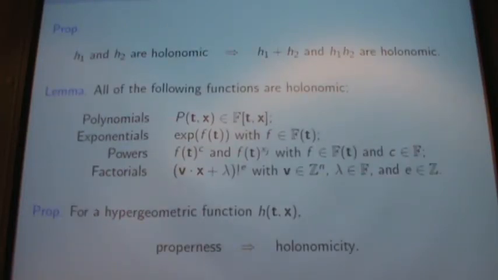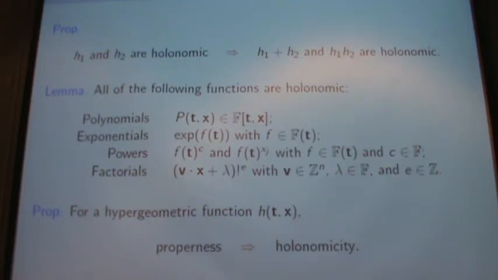Now let me start the idea of how to prove this result. Holonomicity is preserved under some very basic operations.